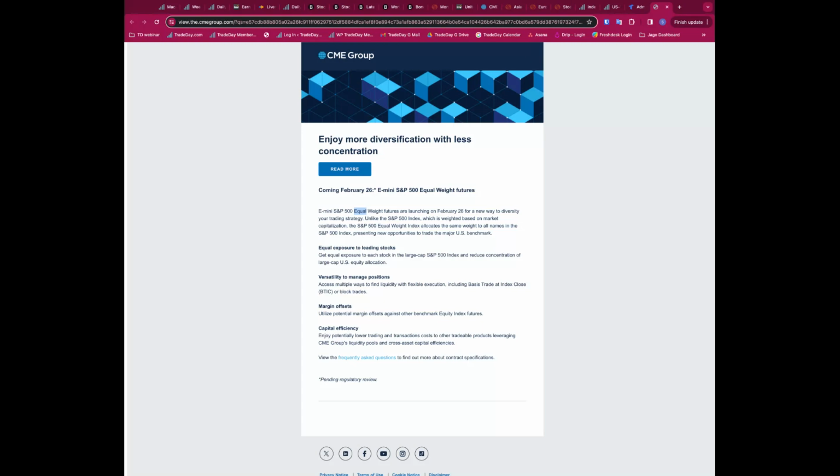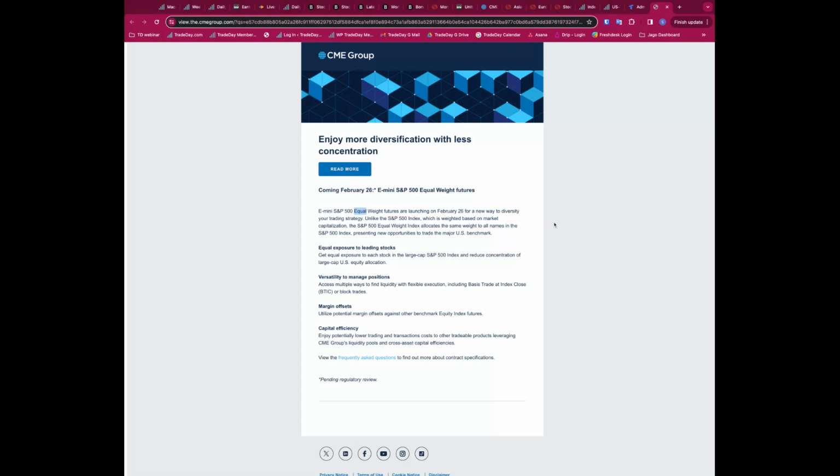Last week we had Meta, Amazon, and Microsoft all going up together, right? Then it has a massive impact on the index. So the index gets pulled up much more than it would if it were equal weighted, which is what they're launching here.